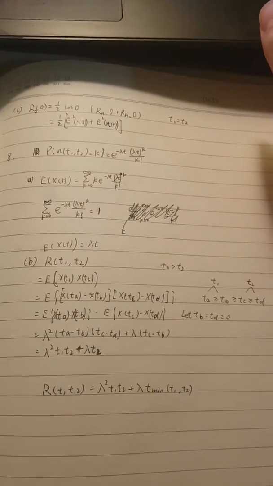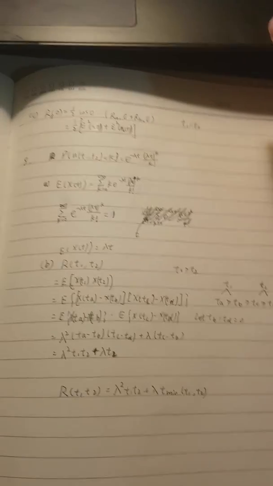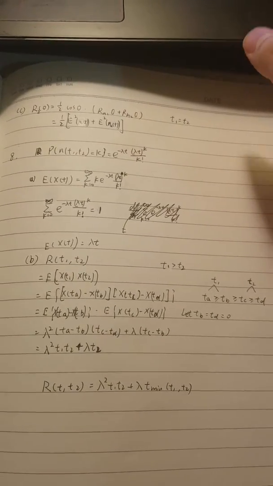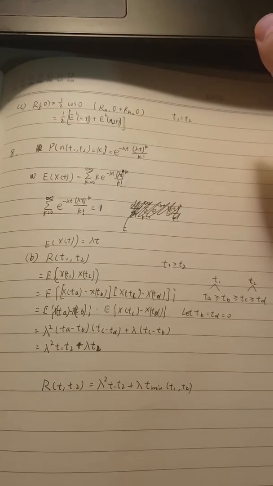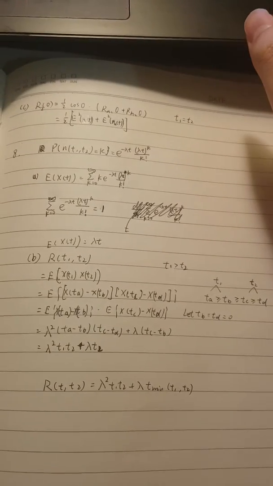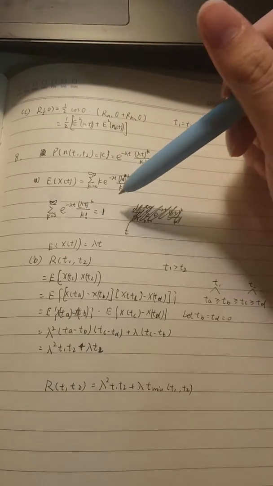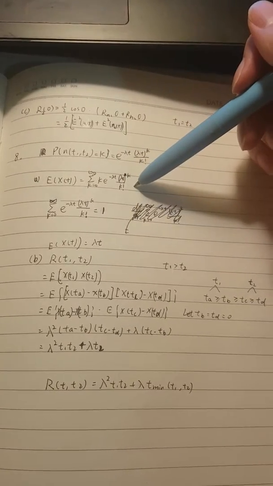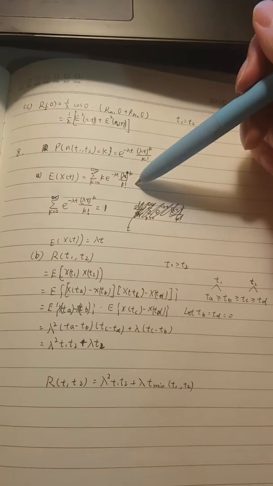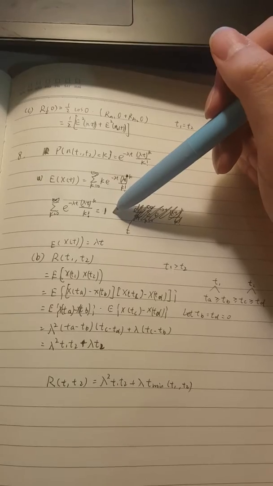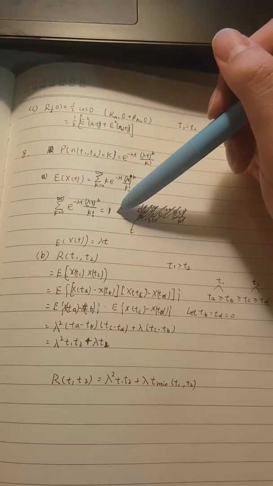You see it's a Poisson process, and for the first question we need the expectation of X_t. I think it's similar to the normal Poisson distribution, and we see the formula for the expectation of X_t is this one.